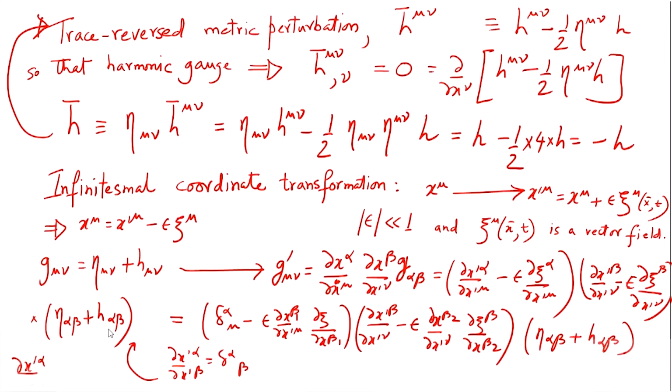But ∂x^β2/∂x'^ν again will have a Kronecker delta plus or minus epsilon times this, but that epsilon will only give a quadratic correction, ε², and epsilon is very, very tiny. We want to keep only up to linear orders, and hence this object is just the Kronecker delta, and we will get ∂ξ^β/∂x^ν itself.